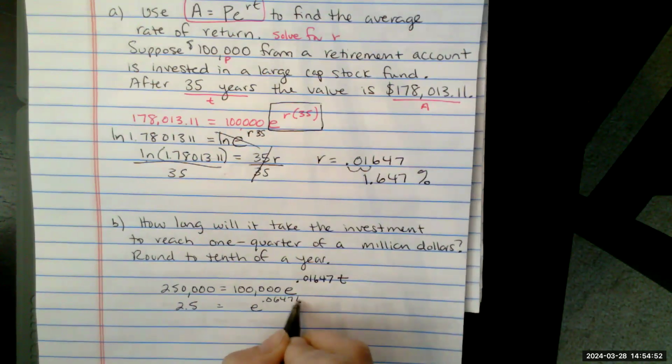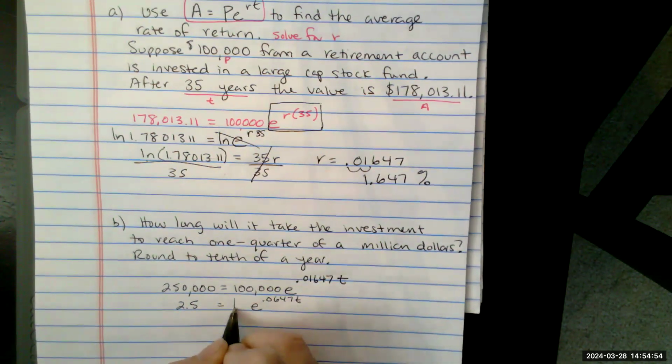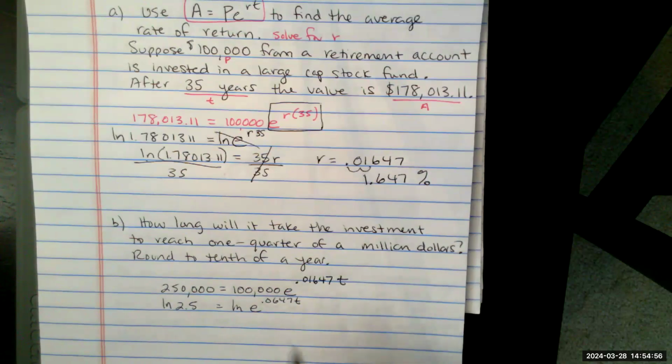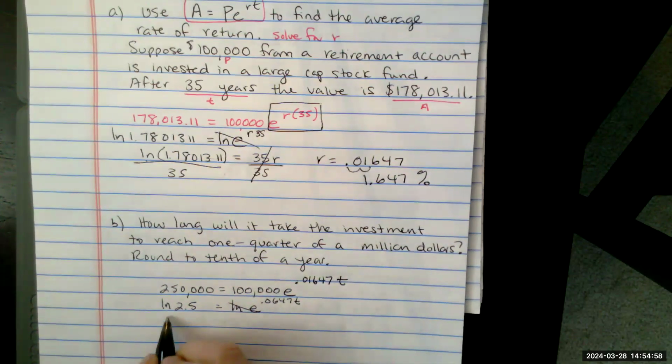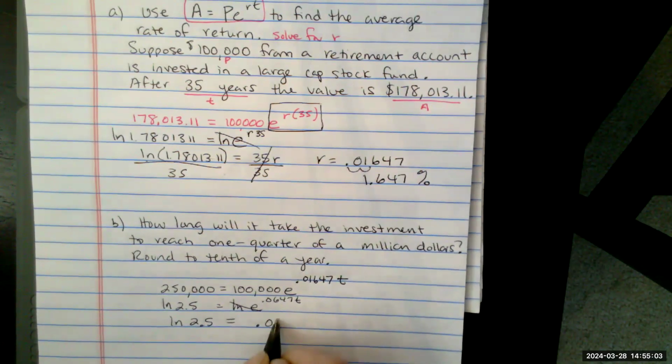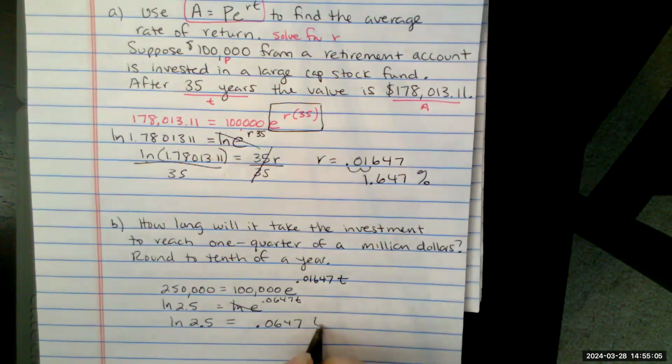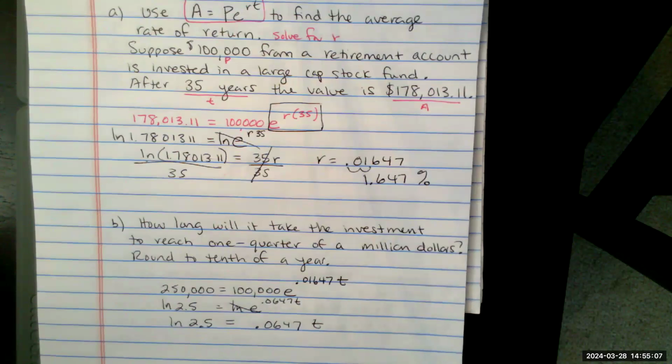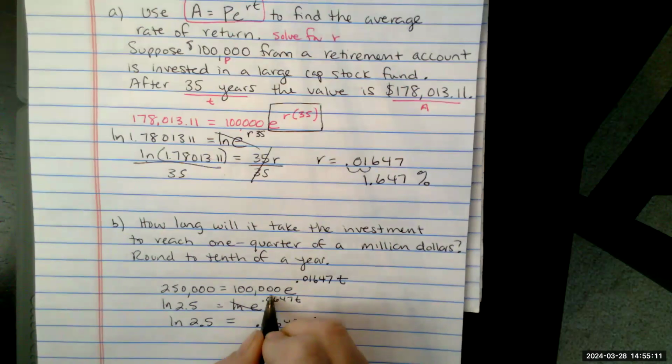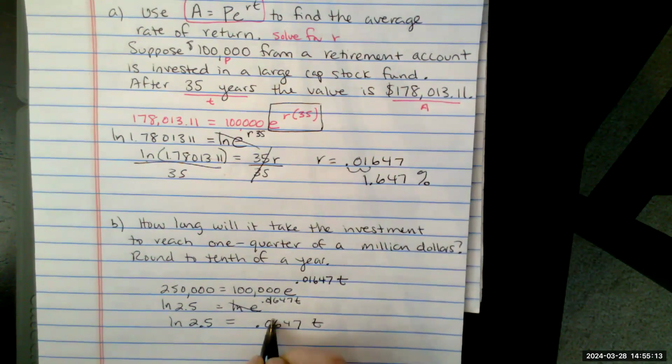Basically the same steps, because now to get that down, I'm going to do ln of both sides, and it goes away. So ln 2.5 equals this, 0.016.